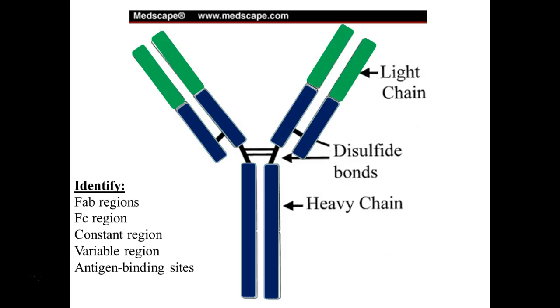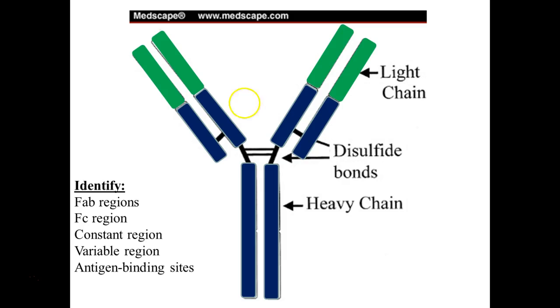The constant region, on the other hand, is what stays consistent from antibody to antibody. So if you were to look at an antibody, its protein structure here in the blue regions would be pretty consistent. And the reasoning for this is, notice that this is the region where the light and heavy chains bind to each other. If this wasn't consistent, you wouldn't have these two chains coming together all the time, like you do.